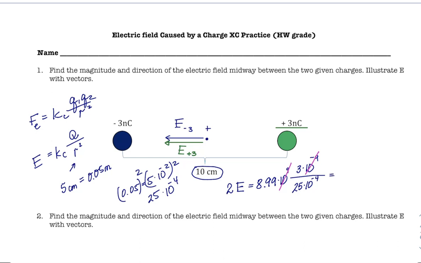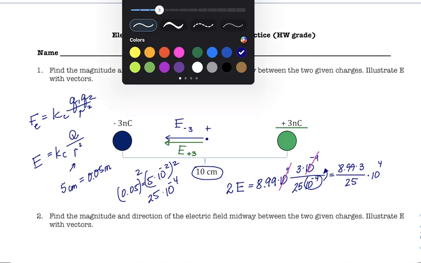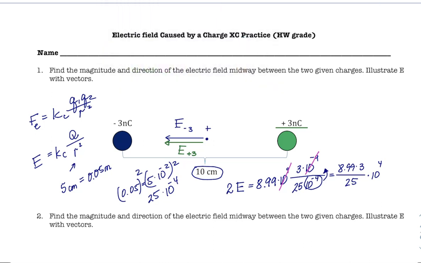So then I can just do 8.99 times 3 over 25, and then times 10 to the 4th, bringing this one upstairs. That's how the 10 to the 4th comes up. Now, then I remember that I need to double this. So times 2, because there are 2 of them.